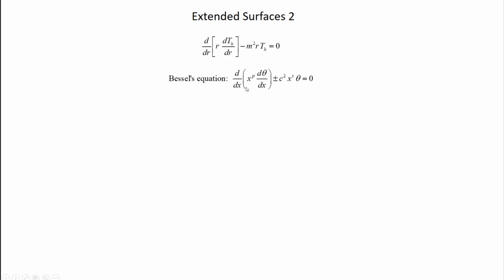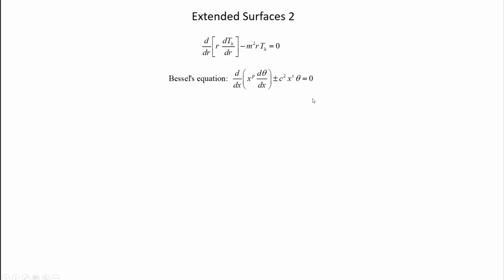This is a differential equation for a function theta in terms of x. And in this equation, p and c and s can be anything, right? And this is still a form of Bessel's equation. So certainly what I have here is a form of Bessel's equation. It's a very specific one. If I look at it, p is 1. C is apparently m, and S must be equal to 1, right? So, but still a form of Bessel's equation.